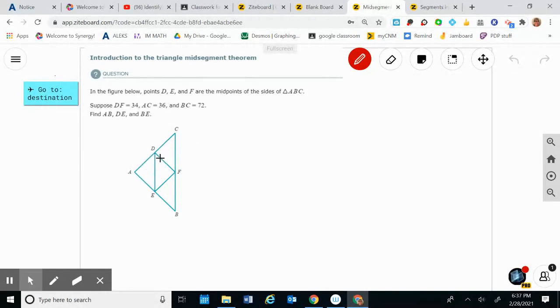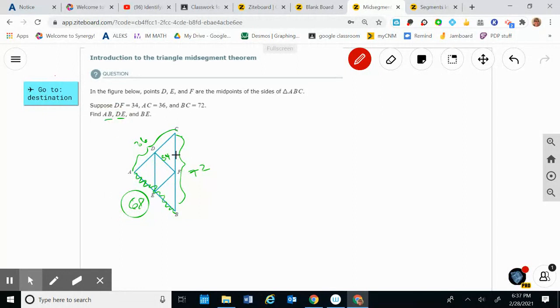I'll write now 34, AC is 36, BC is 72. Find AB. AB is parallel to this 34. It's going to be twice that, so it's 68.